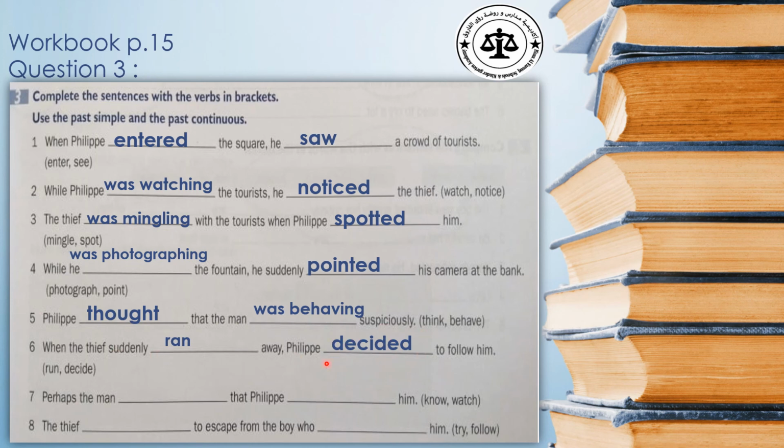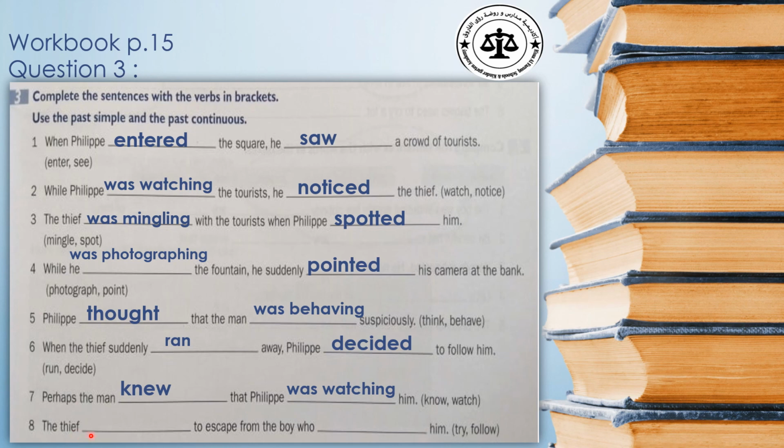Because it's from the stative verbs, and these two sentences are short actions. Number 7, perhaps the man that Philip, what him. We have know and watch, so perhaps the man knew that Philip was watching him.